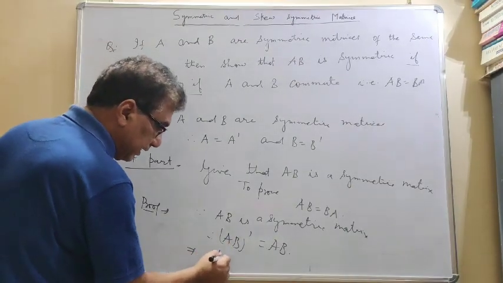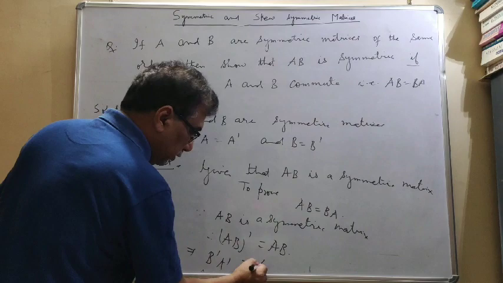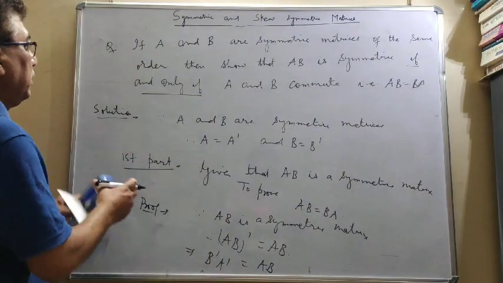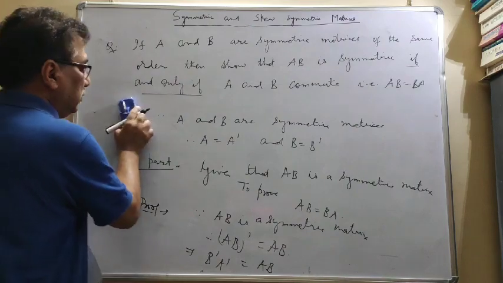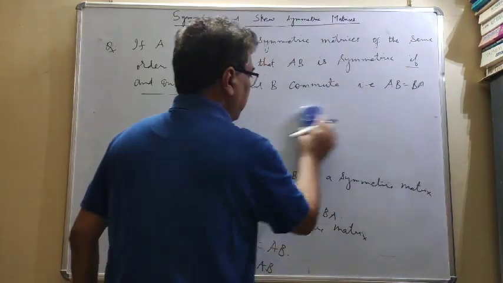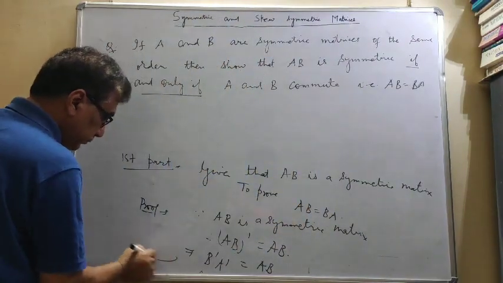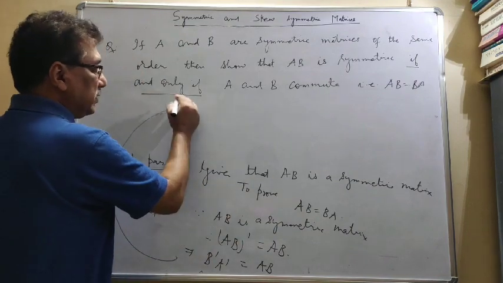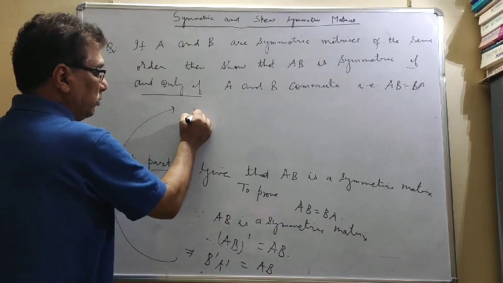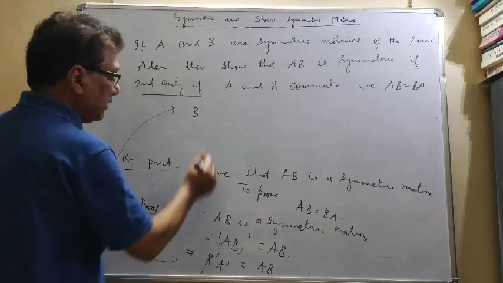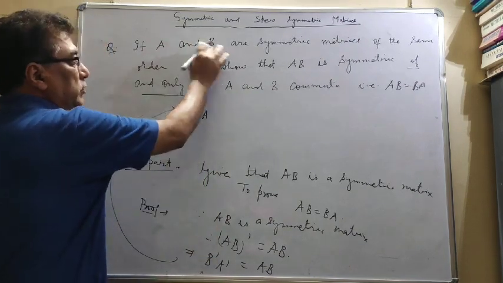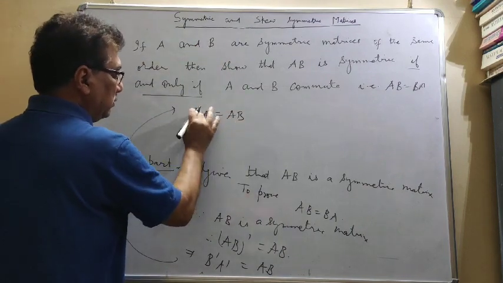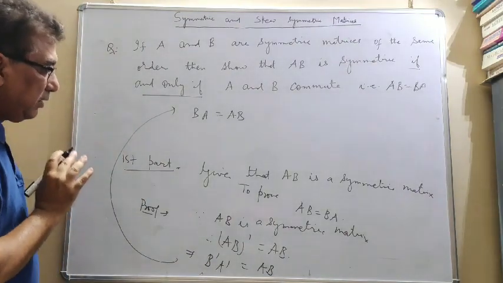It will be B dash A dash is equal to AB. Then B dash is equal to B, it is given, and A dash is equal to A due to this reason. So BA is equal to AB. This is the result we are getting here.